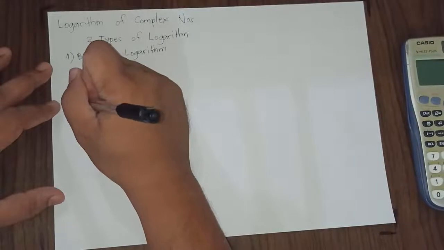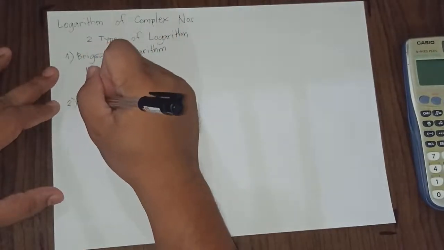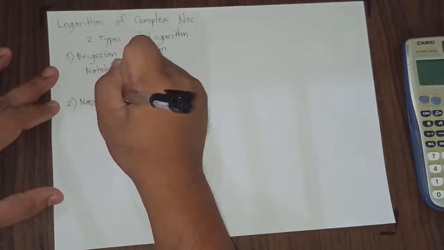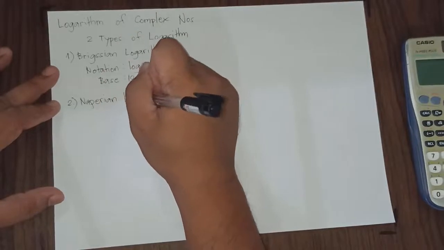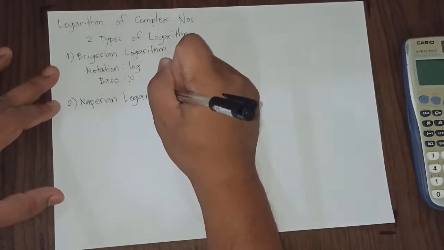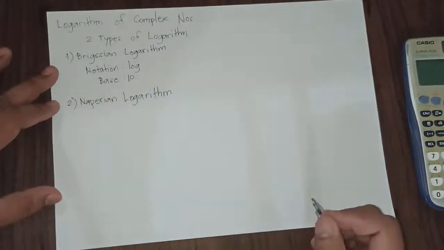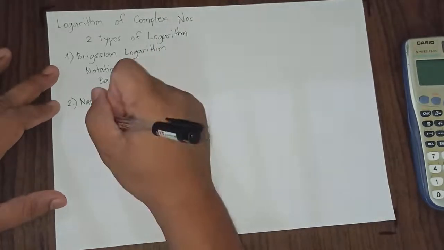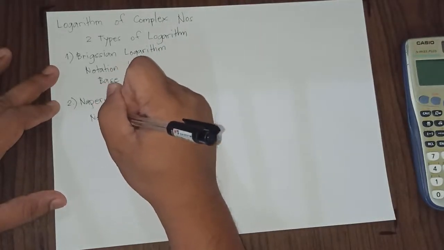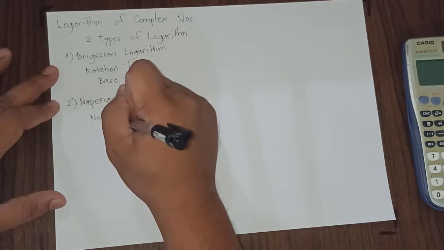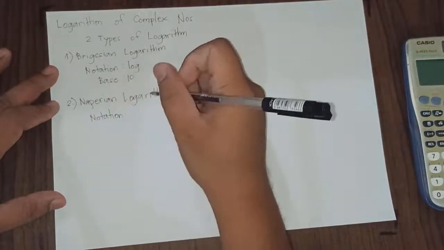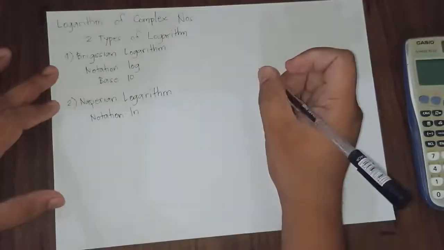Another one, okay, Naperian logarithm. Again, it has a notation of ln, na?